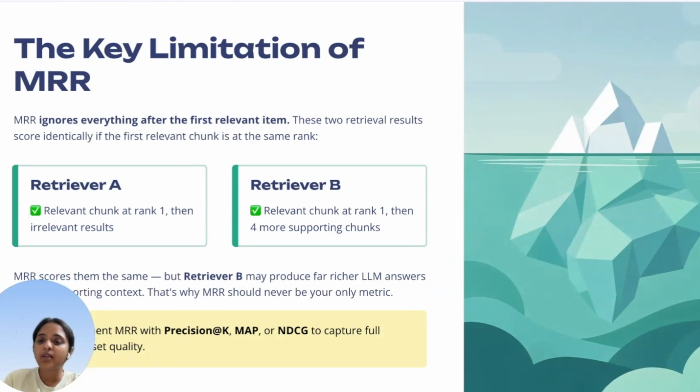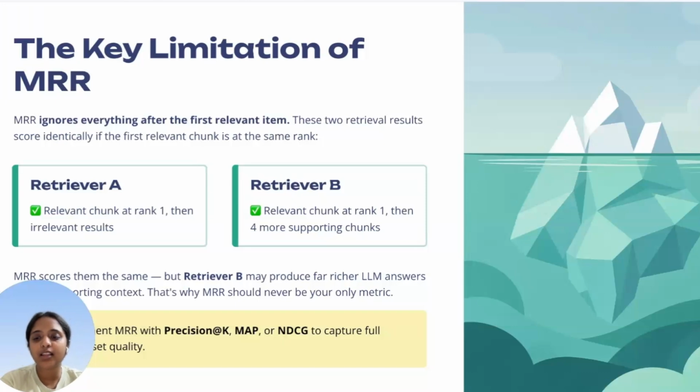The key limitation of MRR: say we have 2 cases. In case 1, the relevant chunk is rank 1 and the 4 other chunks are irrelevant, just garbage. In the second case, the retrieved chunk is ranked 1 and 4 more chunks are supporting. Say I retrieve the leave policy at rank 1, and the second, third, fourth chunks are related to sick leave, casual leave, earned leave, all related.